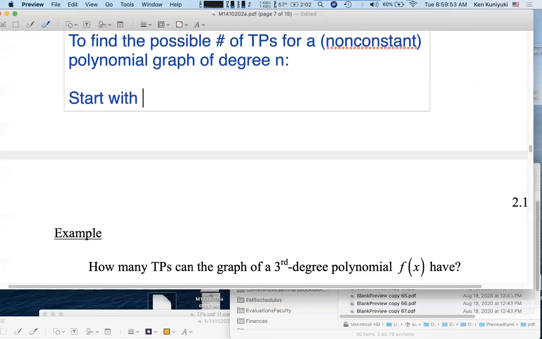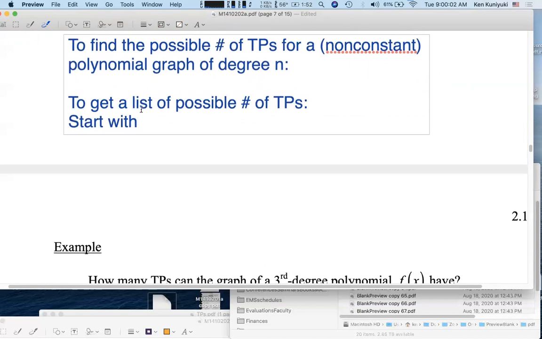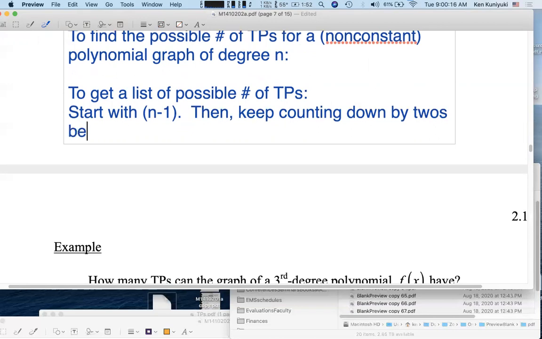You start with n minus 1. That's the maximum possible number of turning points. Then keep counting down by 2s and stop before you hit negative numbers, because you cannot have a negative number of turning points.